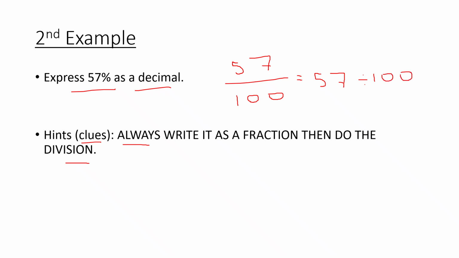So the decimal point starts here and goes one place and 2 to the left, which gives us 0.57. I hope that makes sense.